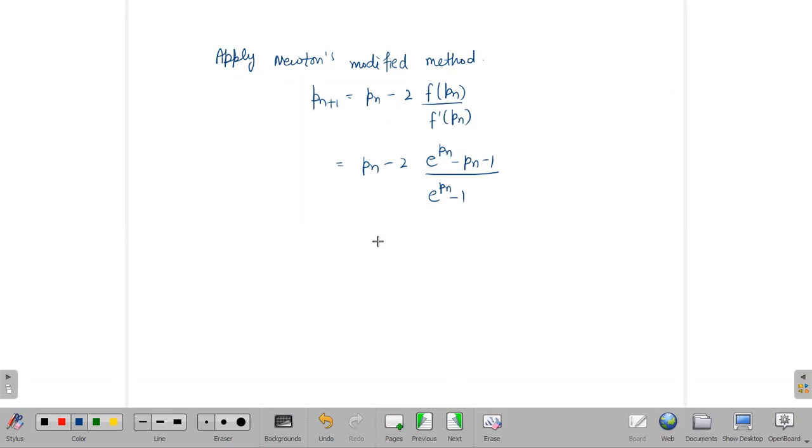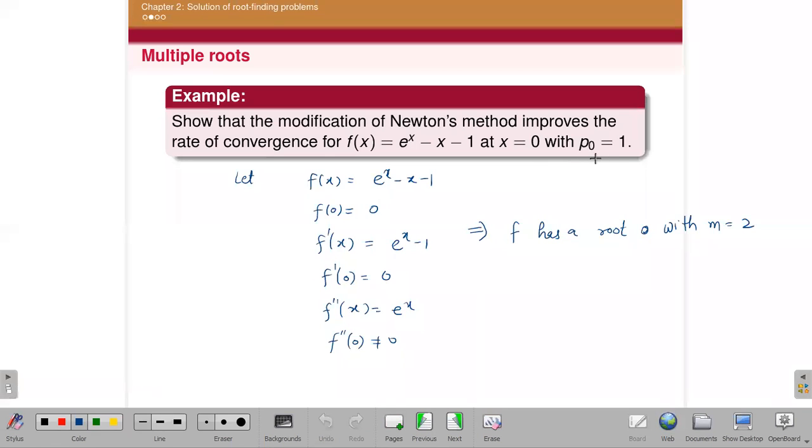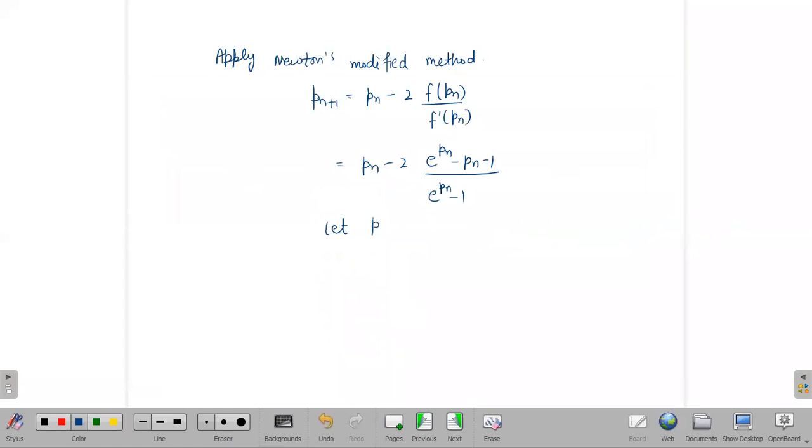Okay. So let us take, because the initial guess is given to you, P naught is equal to 1. The first iteration will give you P naught minus twice of (e raised to power P naught minus 1) divided by e raised to power P naught.